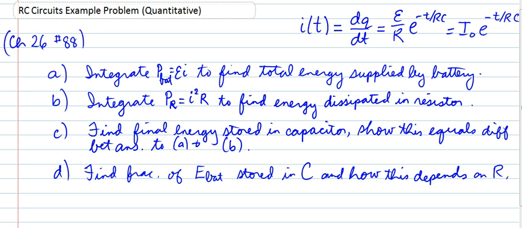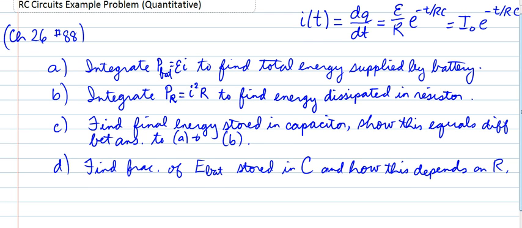And then we're finding the final energy stored in the capacitor and showing that this is the difference between our answers to parts A and B. And finally, we're going to find the fraction of the energy from the battery that gets stored in the capacitor and look at how it depends on the resistance R.